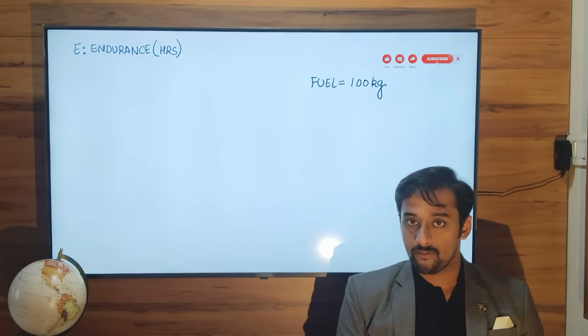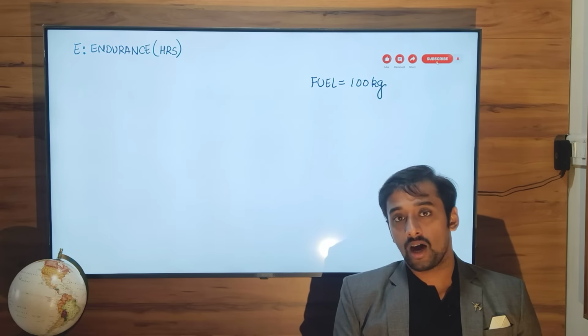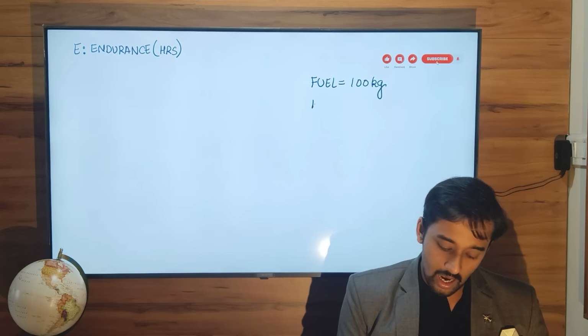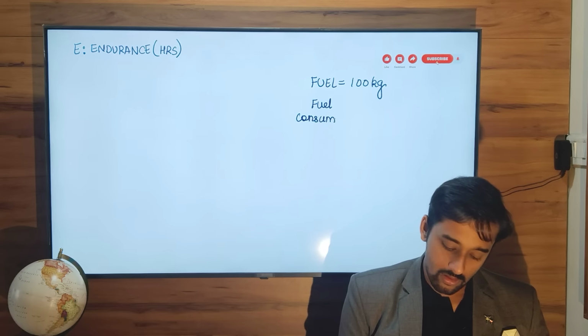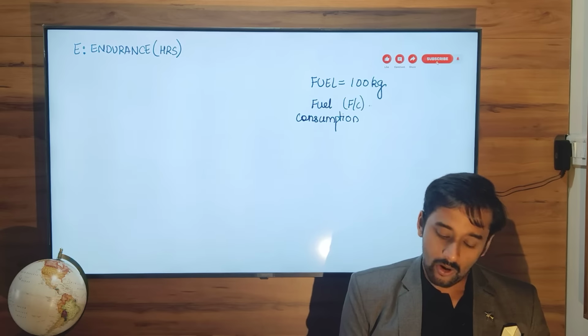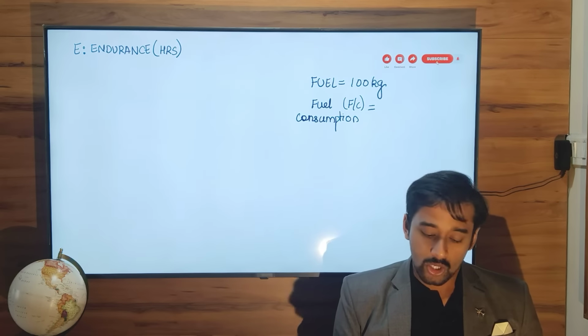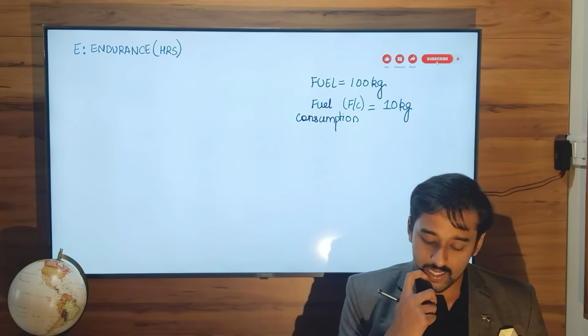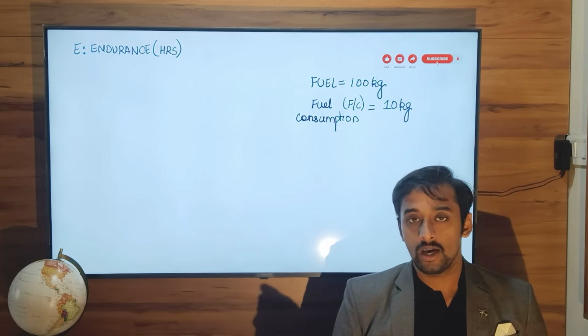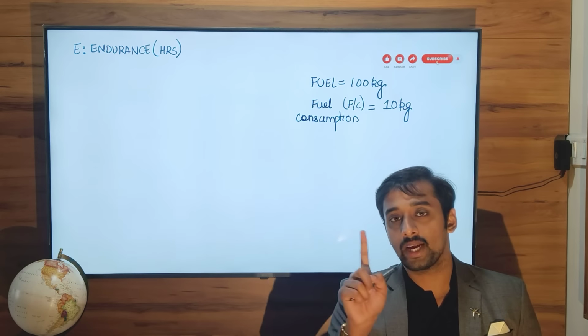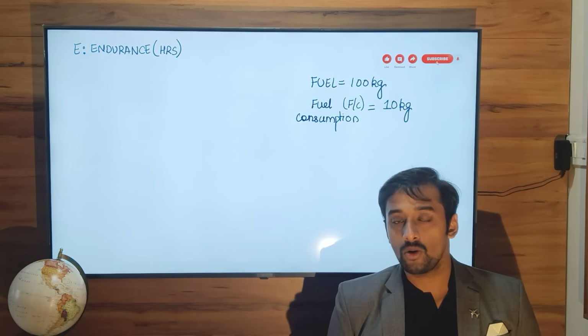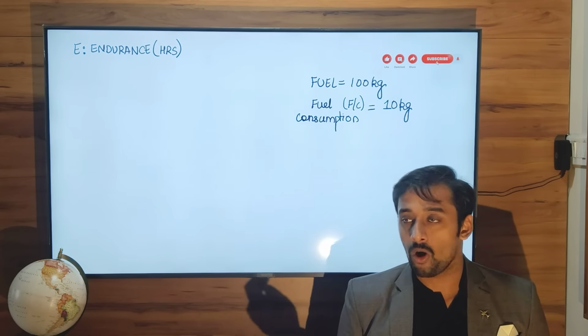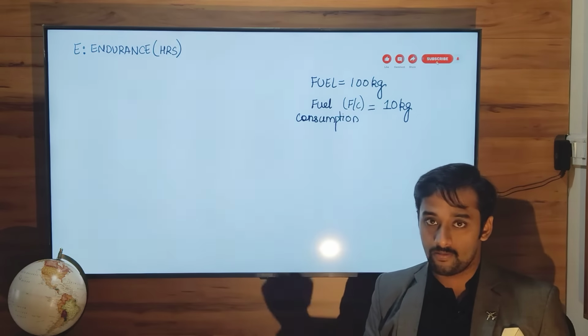And for every 1 hour that you fly, you are consuming 10 kg. So that means out of 100 kg that you have, if you fly 1 hour from point A to point B, you will use 10 kg of 100 kg fuel.